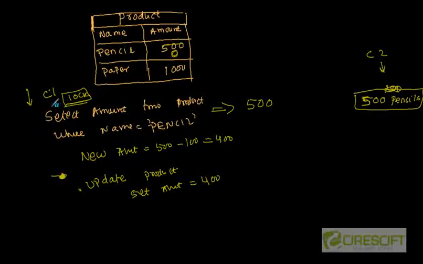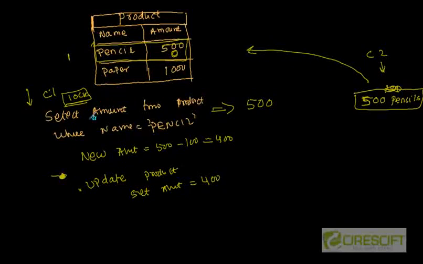If agent 1 had locked the row for C1, then whenever customer 2 comes, he must just wait, because this row is locked right now by customer 1. So in that case, customer C2 might have to wait. That is called pessimistic locking. In pessimistic locking, the assumption is that there will be a conflict.